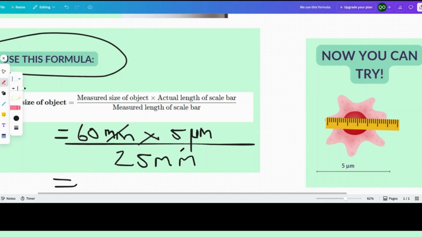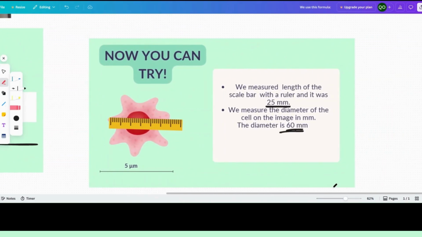The millimeters are going to cancel out: 60 times 5 divided by 25 is 12, and the unit that's left over is micrometers.